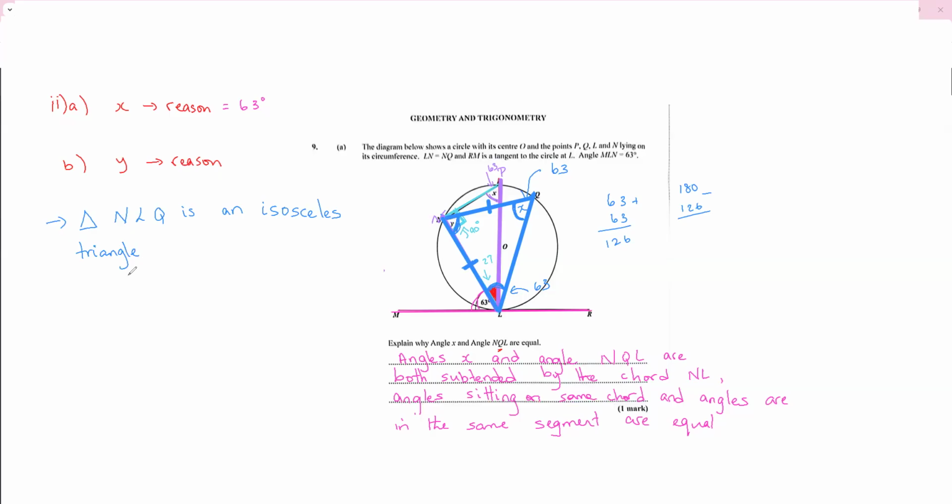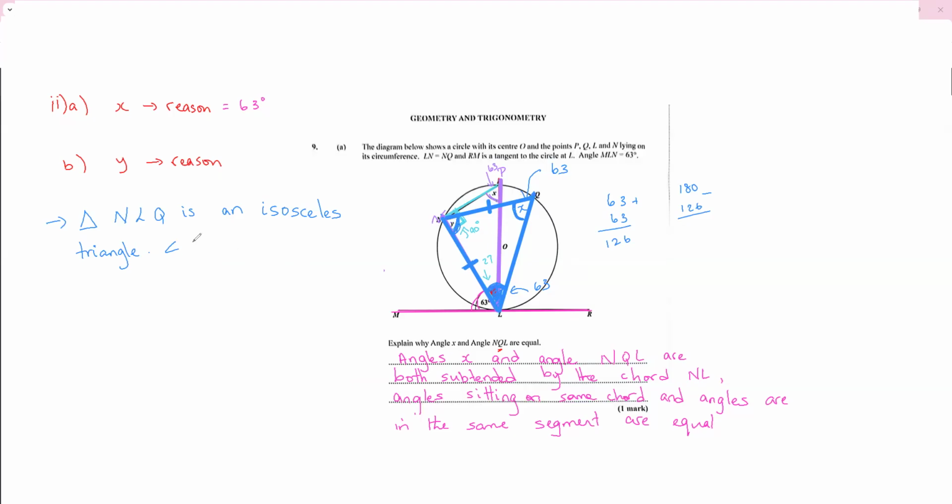We know that angles QLN, the one that you're referring to, I'm referring to this one here. That letter, that point, has to be at the middle.